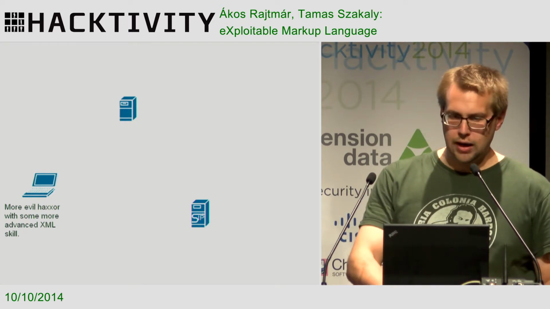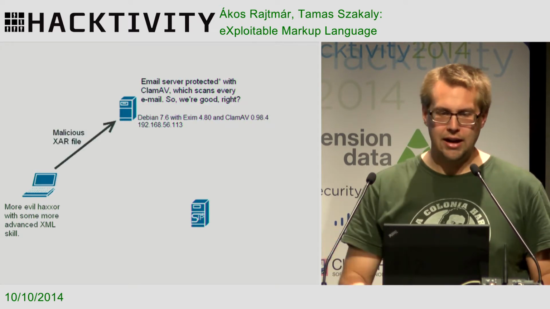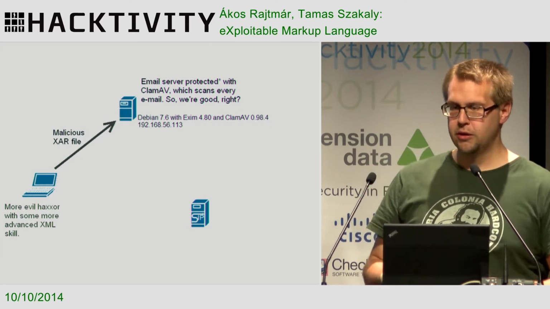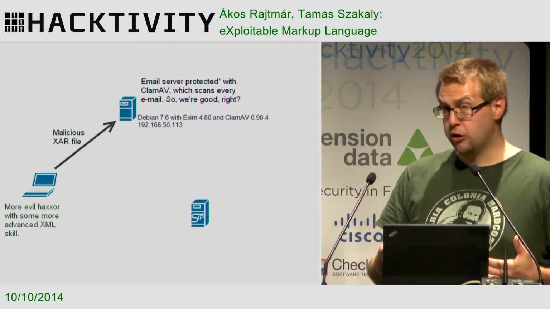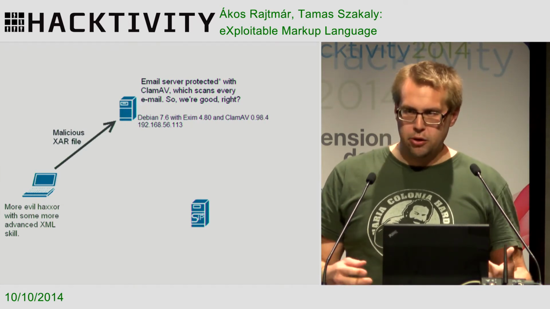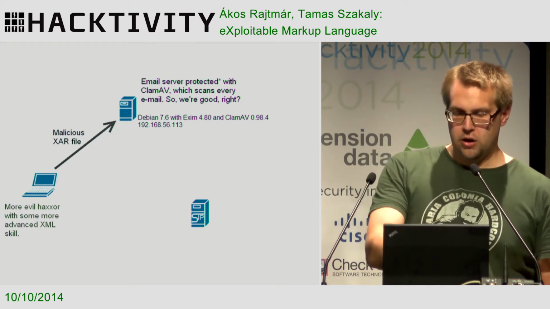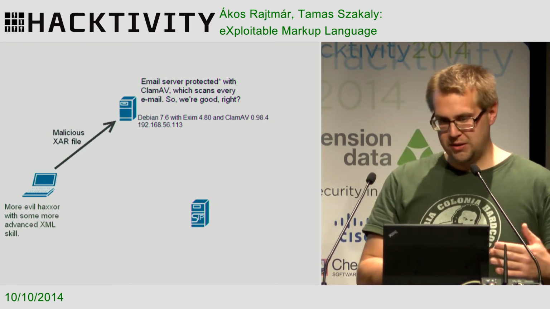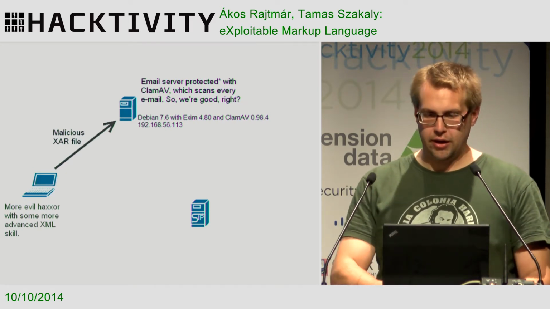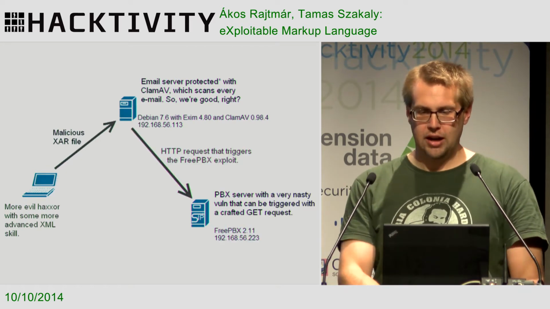We have the hacker who creates an XAR file. We have an email server that is running ClamAV. So ClamAV checks all incoming emails, and our hacker will send this XAR file in an email through the email server.